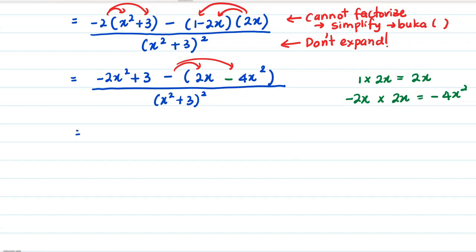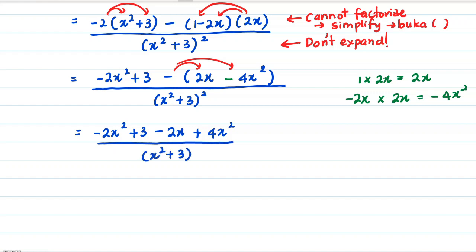Okay, so now we will have negative 2 times (x squared plus 3) minus 2x plus 4x squared, divided by (x squared plus 3) squared. And then when we simplify, kita ada 4 tolak 2 x kuasa 2, kita dapat 4 tolak 2 apa? 2x squared minus 2x plus 3, divided by (x squared plus 3) squared.